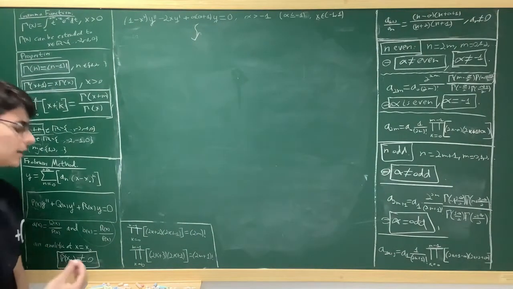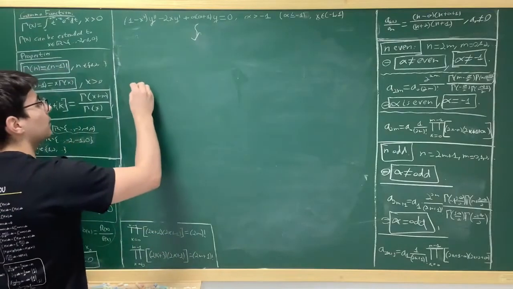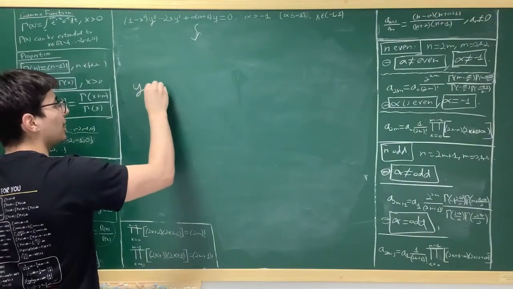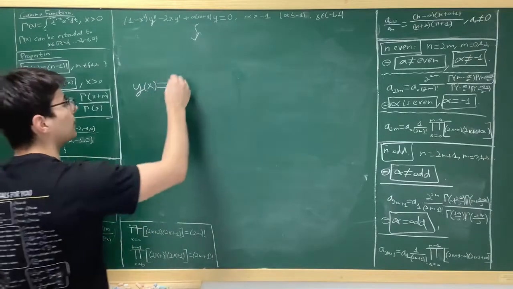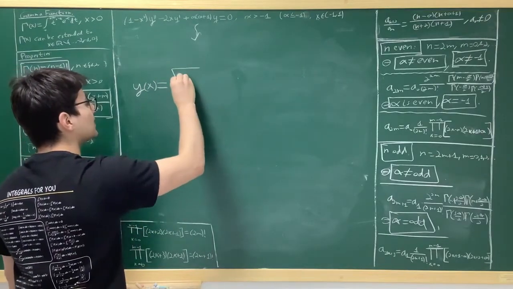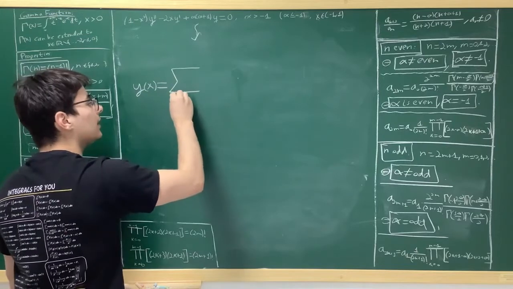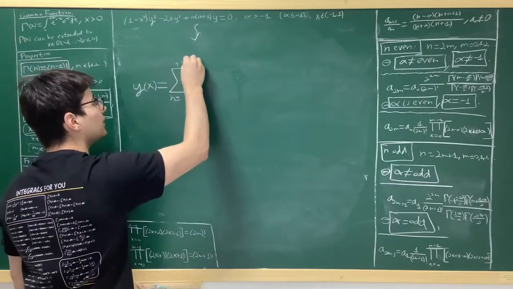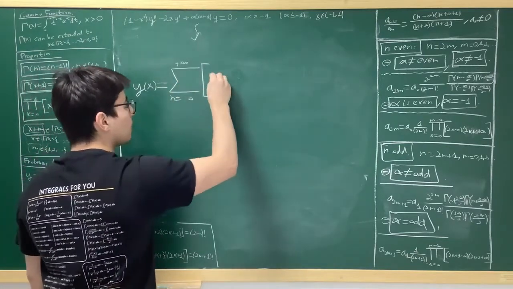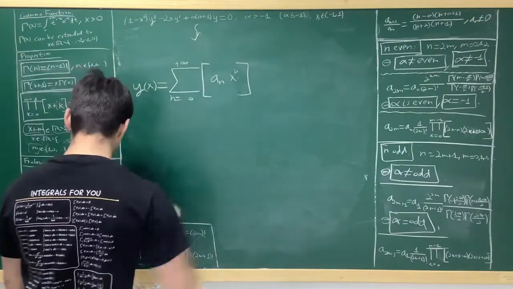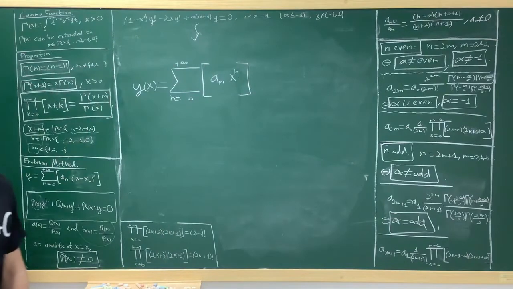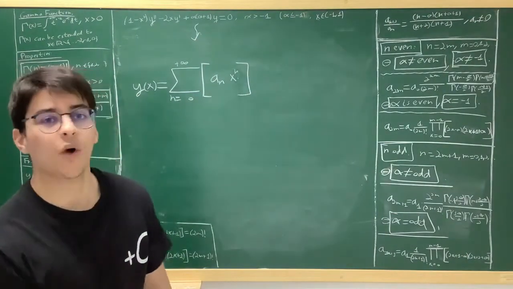So our solution can be written as, well, y of x is this sum right here. The sum of n equals 0 to positive infinity of an xn. What is an? Well, as we see, there are quite a few cases.